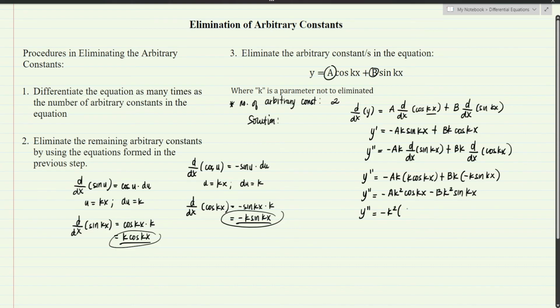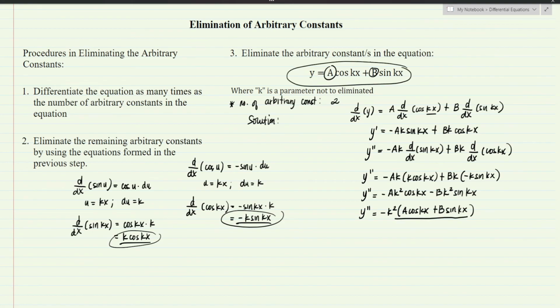Then I will be left here with a cosine kx plus b sine kx. Notice, a cosine kx plus b sine kx is just our original equation. So it means I can replace this function here with y. So I will be left with y double prime equals negative k squared y.